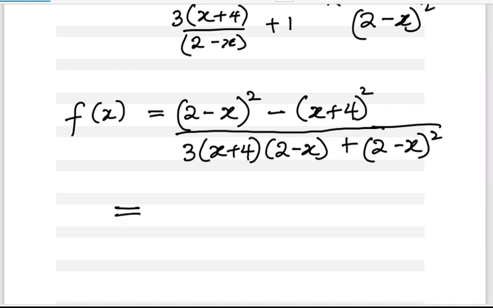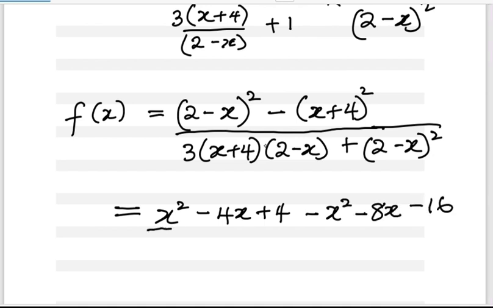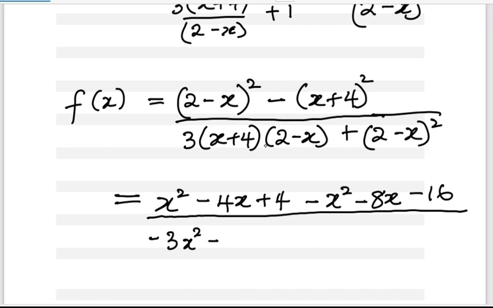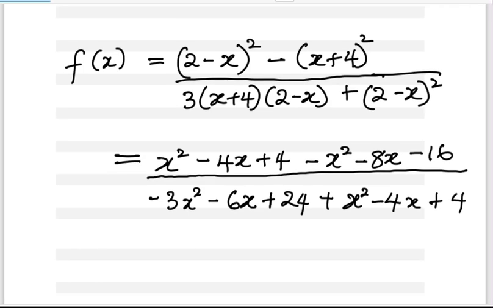So this is x squared minus 4x plus 4 minus x squared minus 8x minus 16, all over negative 3x squared minus 6x plus 24 plus x squared minus 4x plus 4. Just take your time and you get exactly this.